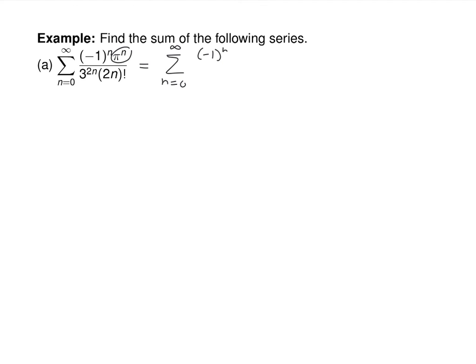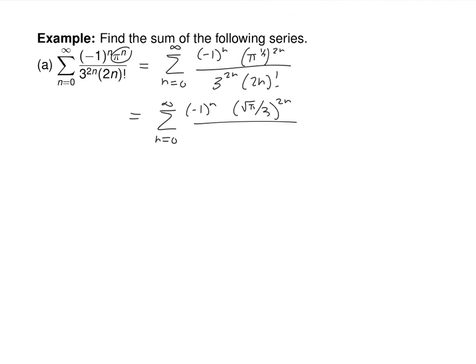So if we do make that a power of 2n, the pi has to be raised to the power of 1/2. You can see that when those powers multiply, 1/2 times 2n just gives us n. So this is the same thing as the sum from n equals 0 to infinity, negative 1 to the n, root pi over 3 all to the 2n, all over 2n factorial.